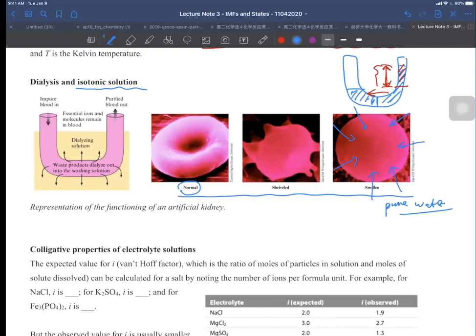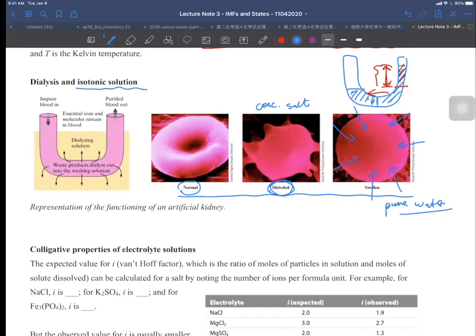And then expand the cell. And finally, the cell will break. So this is very serious, right? If you accidentally inject water or a more diluted solution into your body, that would be very, very, very dangerous. But if you put the normal cell into a very concentrated salt solution, the result will be like this, right?